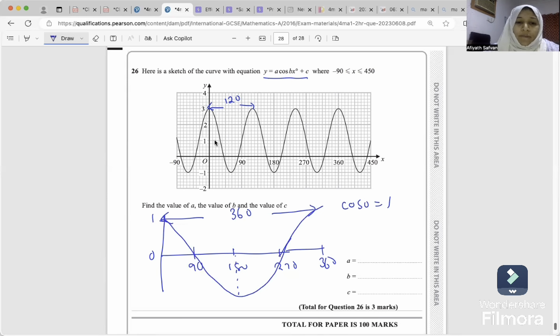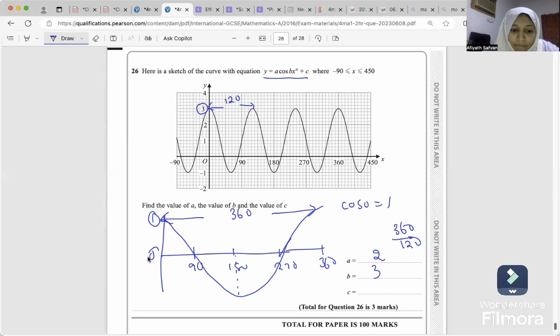For A, here it is going to be 1 and here it is going to be 3, so 3 minus 1 is 2. For the b value, the x has been changed by the scale factor b, so you can make it 360 divided by 120. You have to divide here because it is multiplication. So 360 divided by 120 is going to be 3.